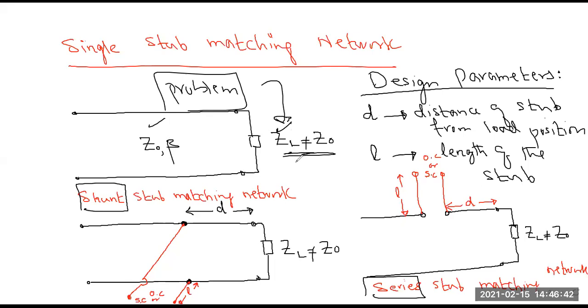If you have selected a stub as your impedance matching circuit, you need to find out at which position I should connect my stub. And once you know the position, you need to find out what length of stub you need to select. Okay, so let's talk about this thing.